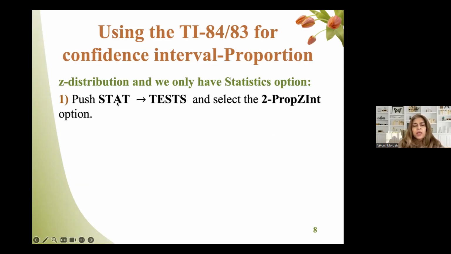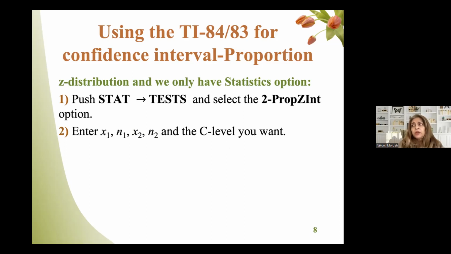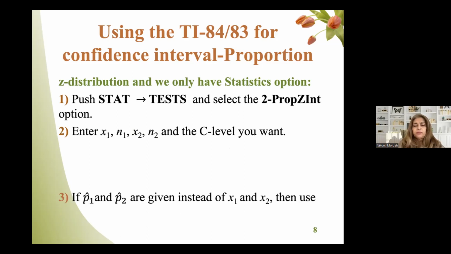You go to stat, you pick test this time, you pick 2-PropZInt, because we are using the z distribution, but we are finding an interval, int for interval. You're going to enter your x1, n1, x2, n2, and you're going to give the calculator your confidence level, like 95%, 99%, or 90%, whatever we are given.